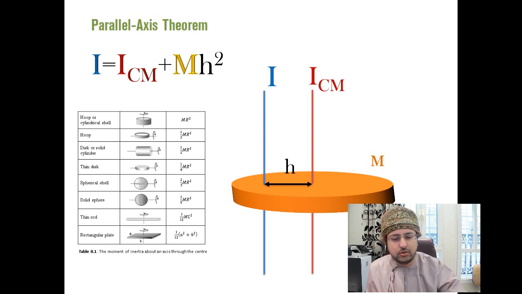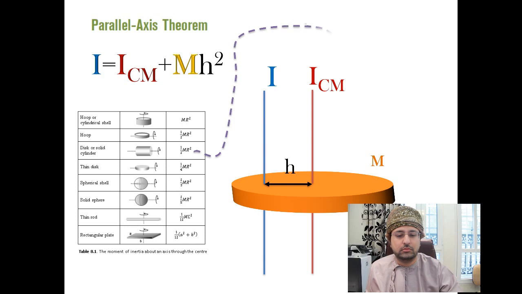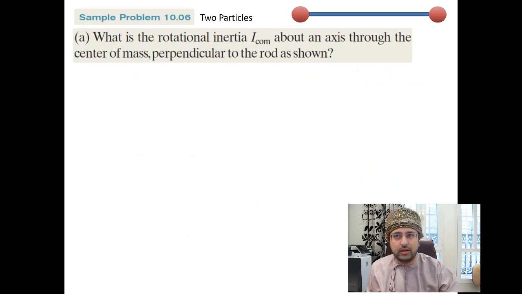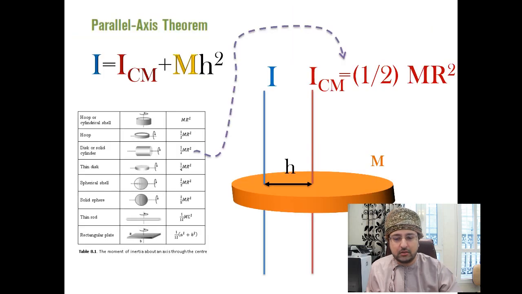For the disk or solid cylinder, the third one, if we take a look at it this way, it is half mr squared. About the center, we know it's half mr squared. So what is it about any other axis? Well, we just add mh squared.